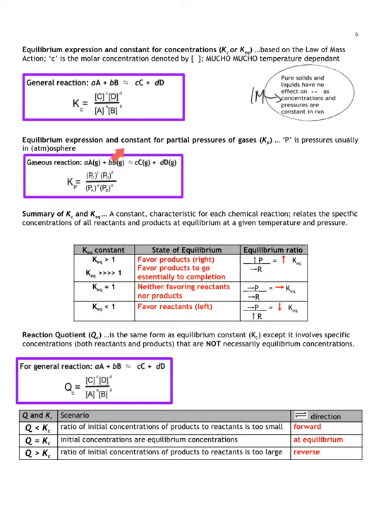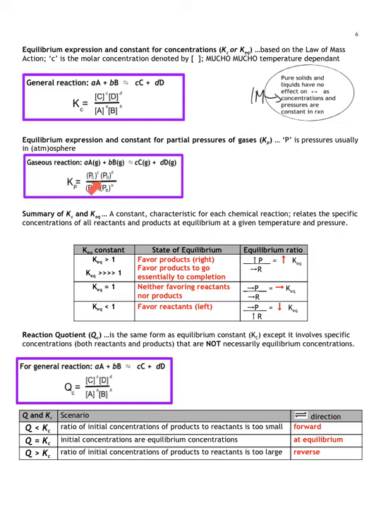Another equilibrium expression and constant is for gases. Gases have their own expression called the Kp. P stands for pressure, usually in atmospheres. So it's another constant, and once again, Kp applies only to gases. These have to be only gases in order for you to have an expression for it.